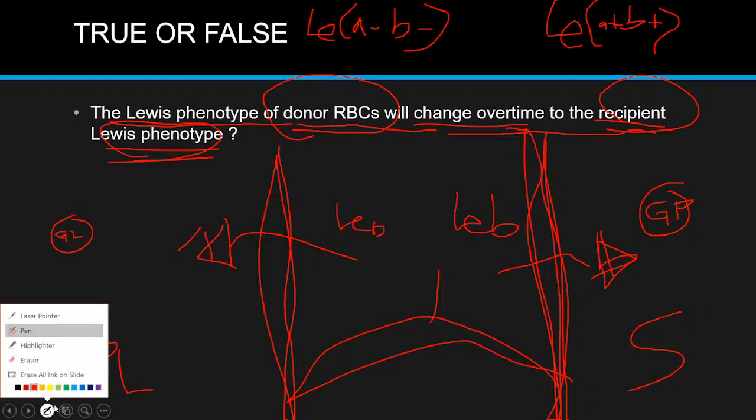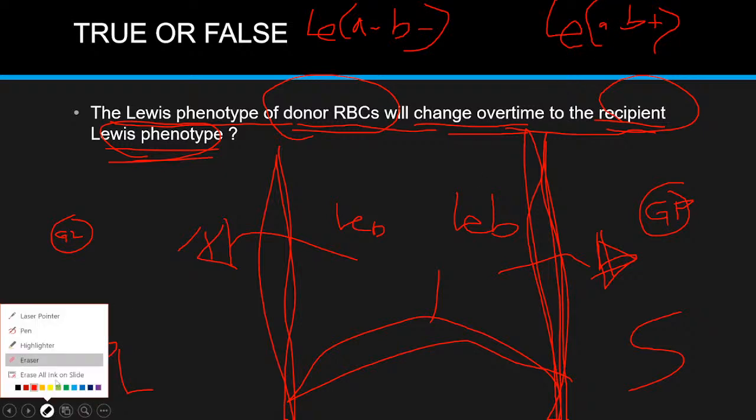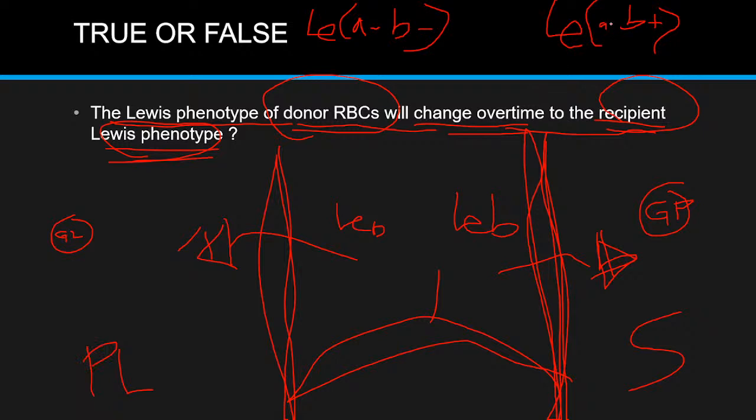Palitan natin yung isa kasi mas complicated yan eh. Madaliin lang natin. Ayan. So, tatagalugin ko, sabi, yung Lewis phenotype ng donor, magbabago into this one, into the Lewis phenotype of the recipient. Is it true or is it false?